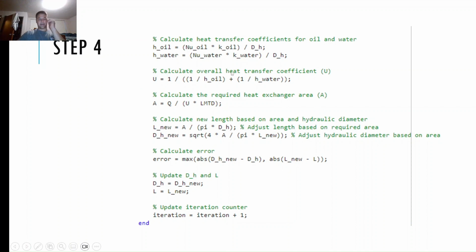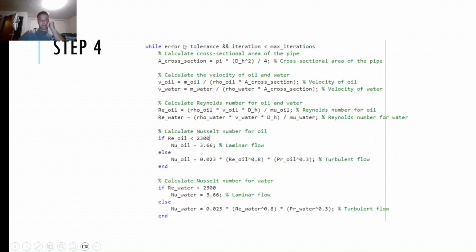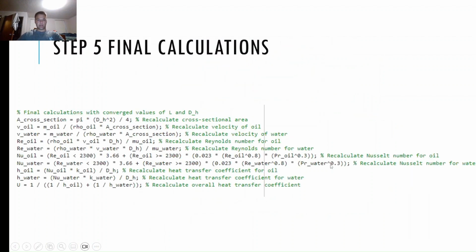Then I would run another check with the new L and new DH to see if it was in the bounds that I wanted for my system, and update the DH and L. If it was not in the bounds, I would run back to the start, and it would keep running until I got exactly what I wanted.